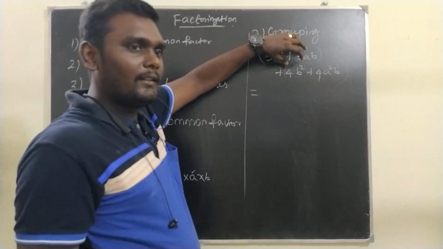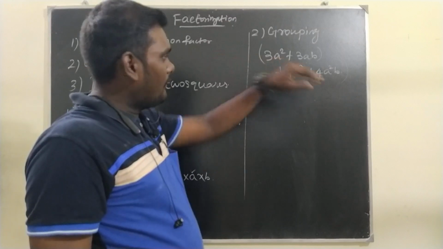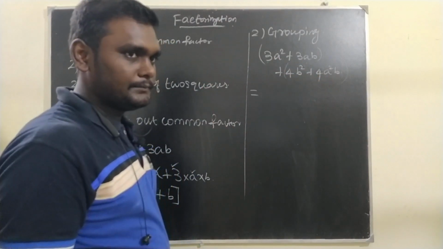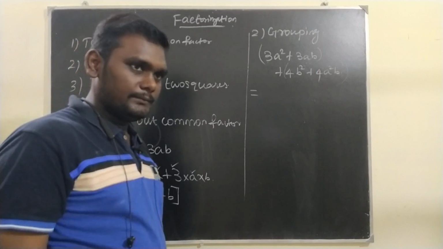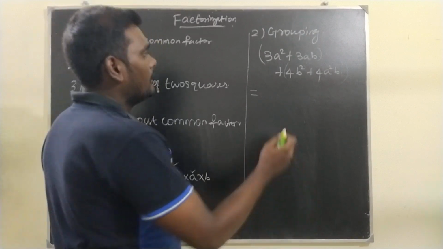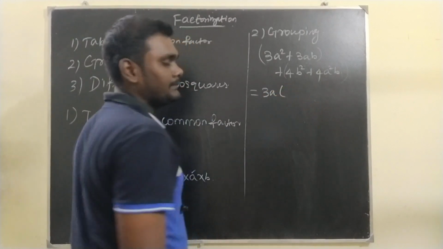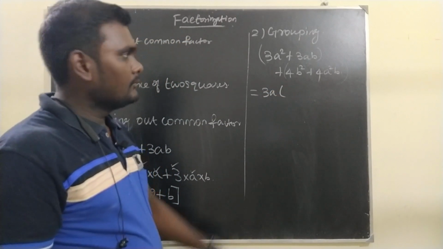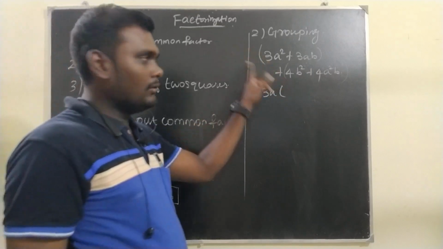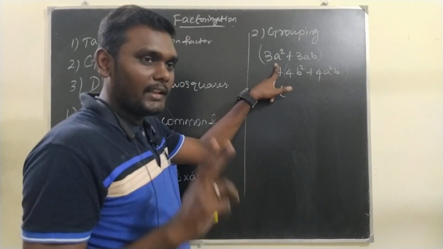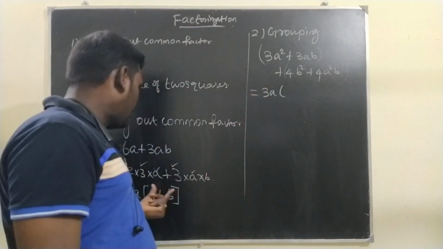From the first group, we take out what is common, and from the second group, we take out what is common. Clear? Now, from the first group, 3a is common, isn't it? Then 3 went out, a square is there. A square means 2 a's, a into a, in product form.